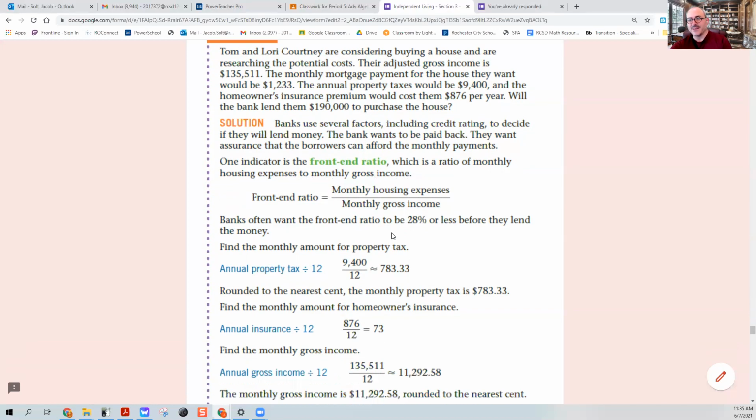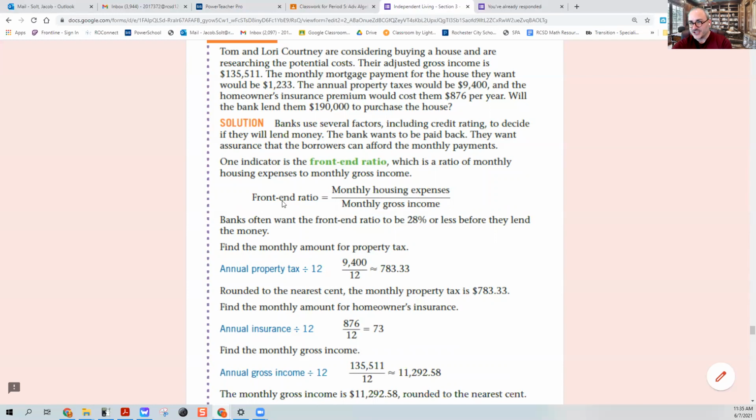Do you recall back when we looked at the apartment assignment, when we said your rent should not be more than 28% of your income? Well, that's what the bank is going to look at. They're going to look at, is the rent more than 28% of your income? Because if it is, they're going to say, we're not going to let you borrow this money. You need to go look for something a little smaller, a little less expensive.